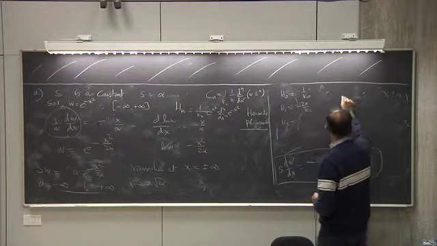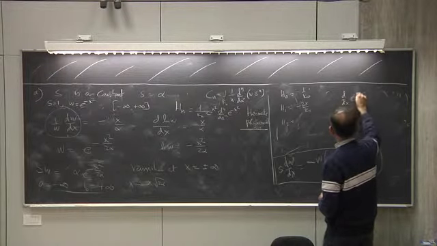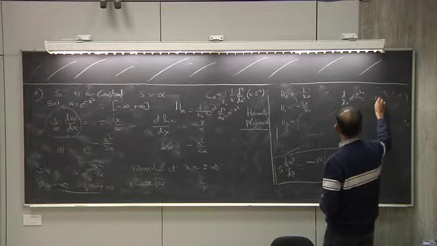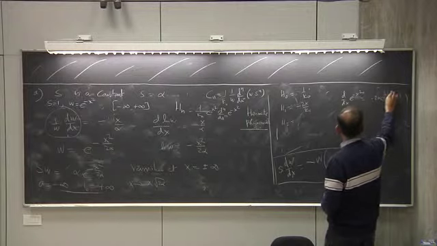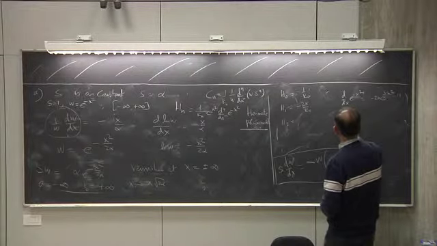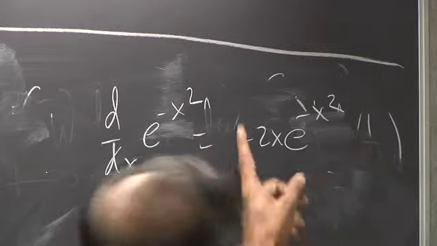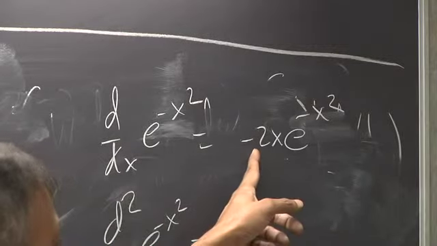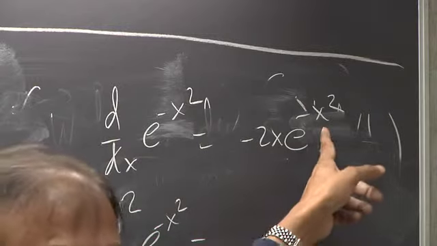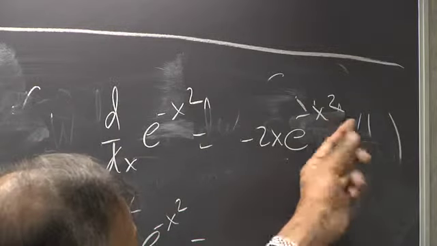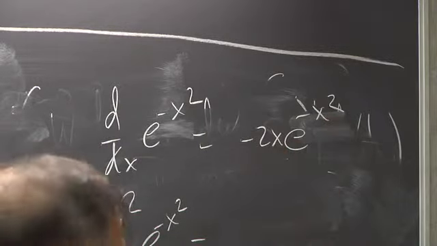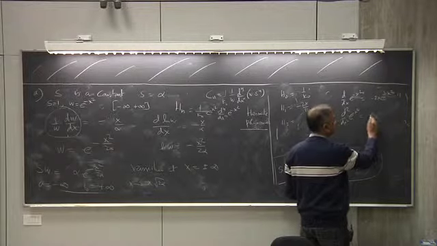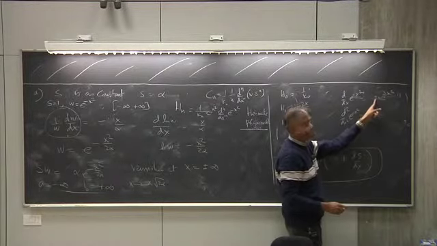d by dx of e to the minus x square is minus 2x e to the minus x square. Now d2 by dx2 of e to the minus x square, you take one more derivative there, so there are two possibilities. The derivative can hit here or there, right? When it hits here, it will give you again minus 2x, so that gives you 4x squared. And when it hits there, you just get minus 2.